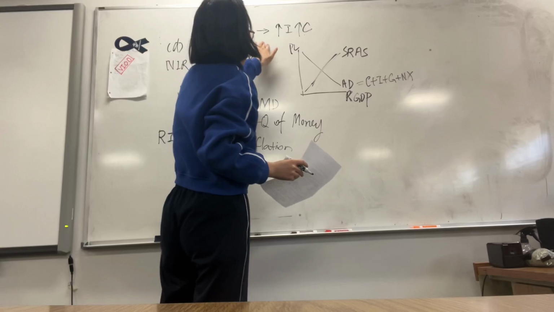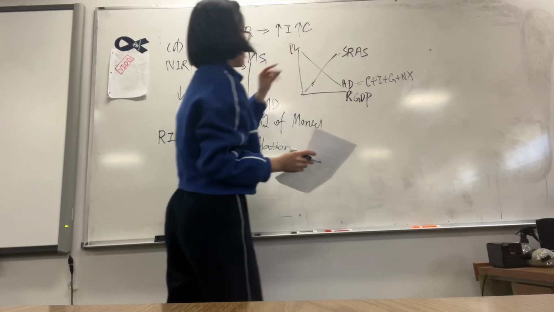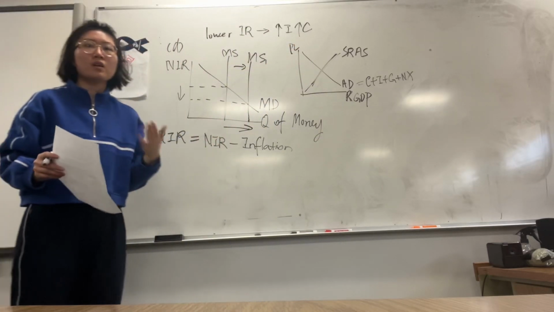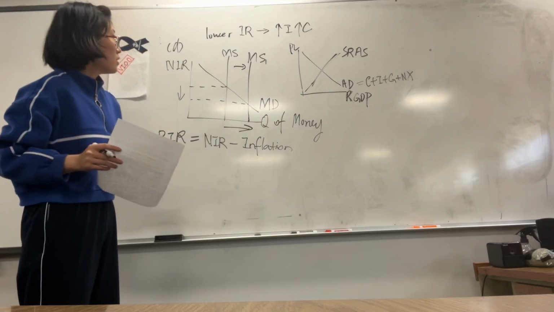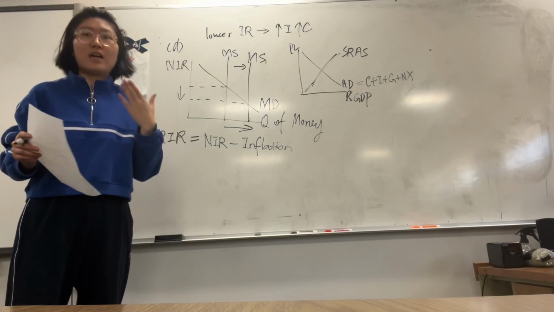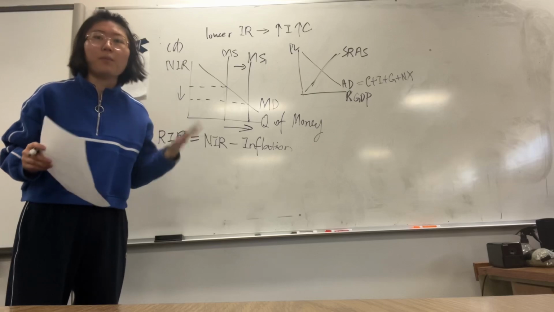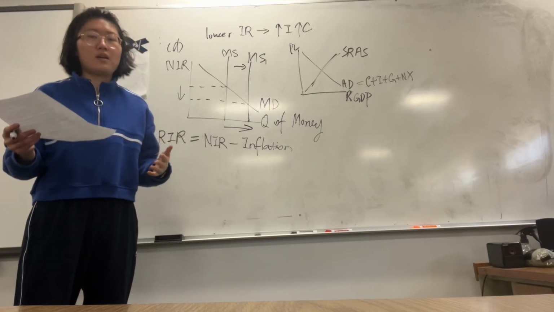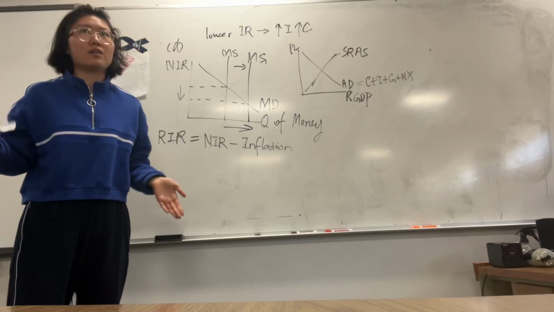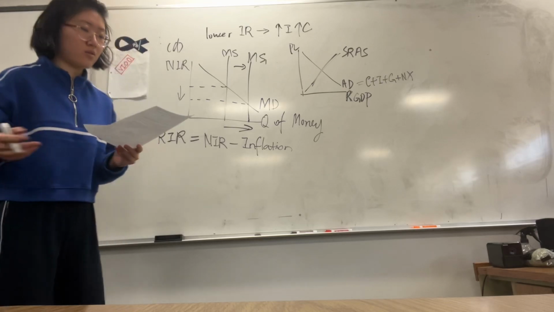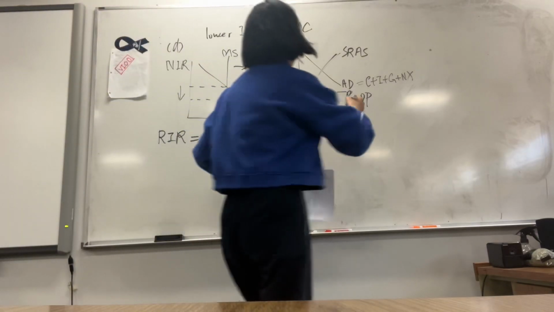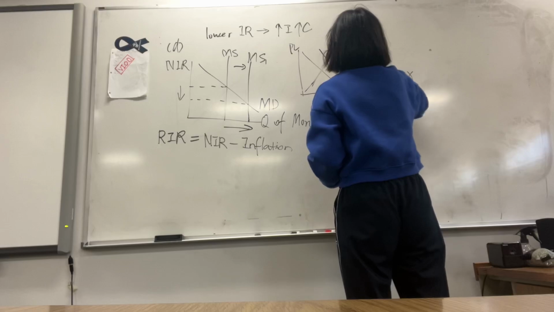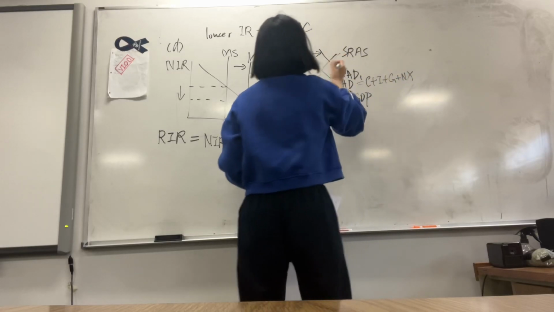The same thing applies to consumption. If the real interest rate is very low right now, it's better to just spend your money in the economy instead of saving in the bank because you get lower returns. So that means AD is going to shift to the right here.